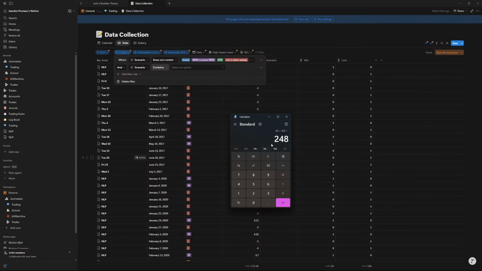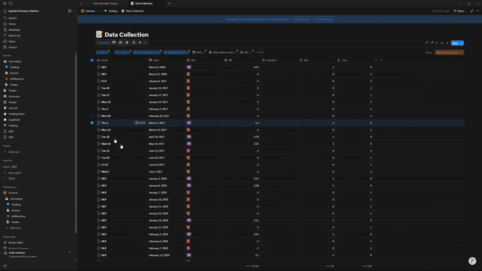But 248 trades, you have 80 divided by 248. Your win rate is 32%, and there are some 2017 trades in that. Let's actually remove that and start it from 2023.